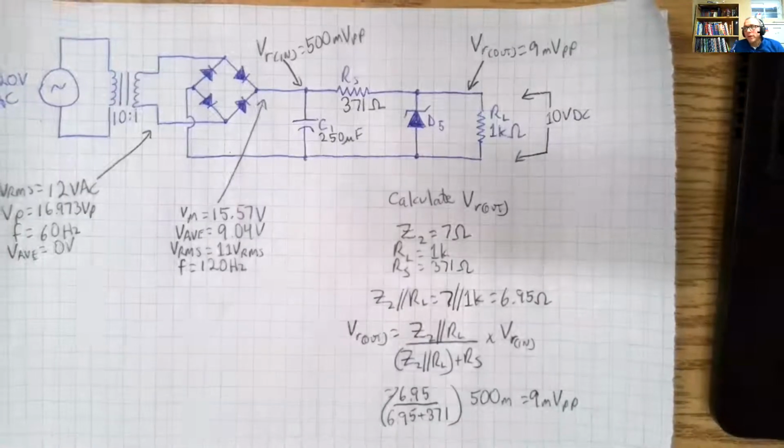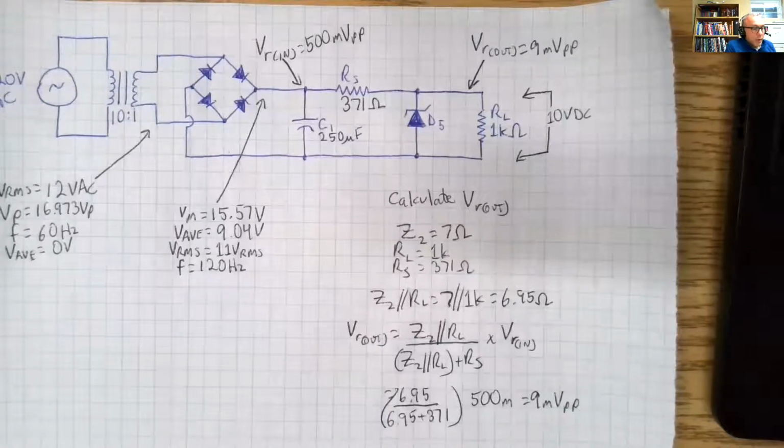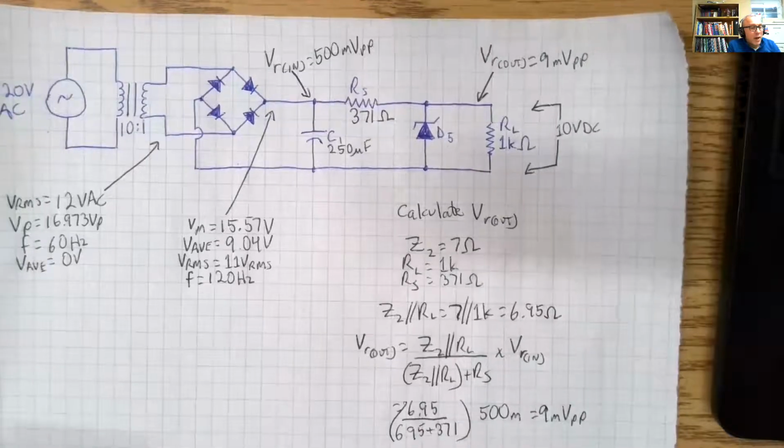But you don't want to get too big. It all depends on how much space you have on your circuit design, and if it's really that necessary. But you have to watch, because if you go too big, it starts to interfere with the operation of the power supply. So this is how we would calculate it.